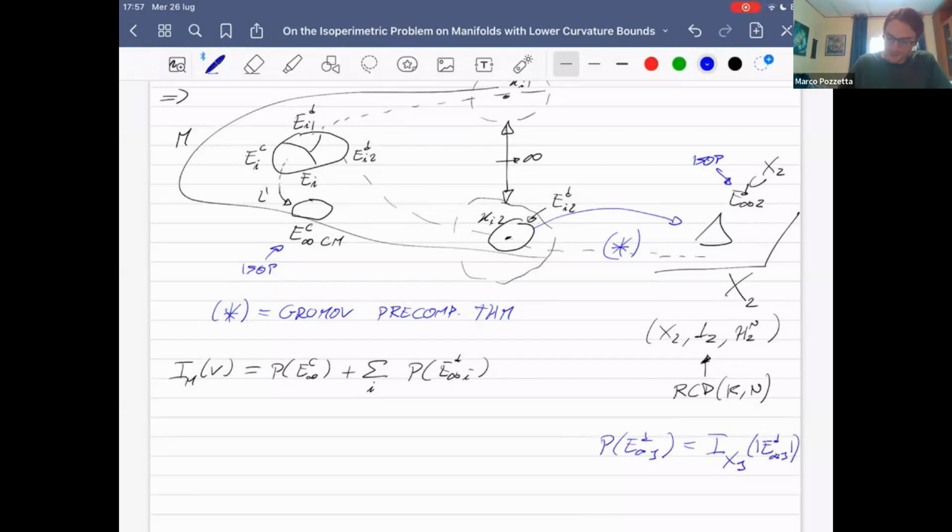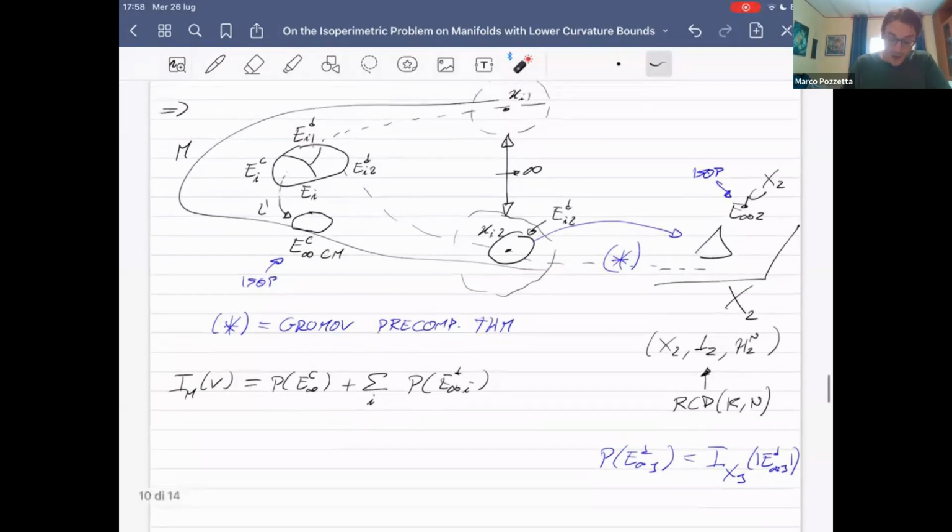So after you have this equality, you realize that you have an isoperimetric inequality, if that was what you were asking, because the isoperimetric profile of these spaces at that volume is less than the profile of the manifold at the original volume V. So this is the first thing that comes to my mind.